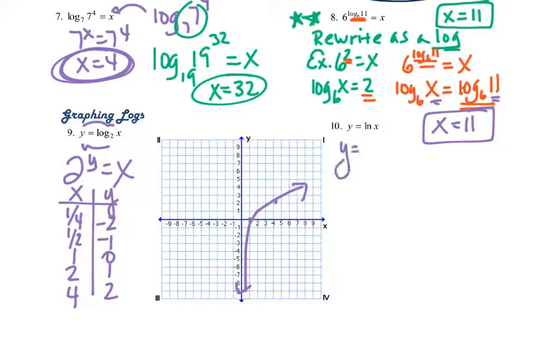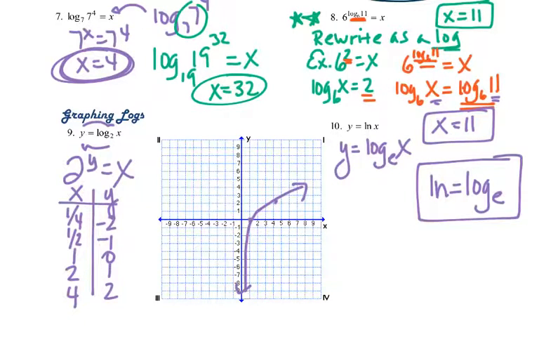And then here we're introducing for the first time the natural log. The natural log is the log base e. Natural log equals log base e, and we will circle back to that later in the chapter, but this is e to the y equals x. And remember that e is 2.718 to the y equals x.